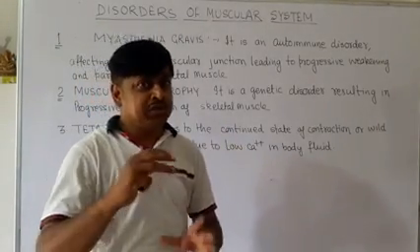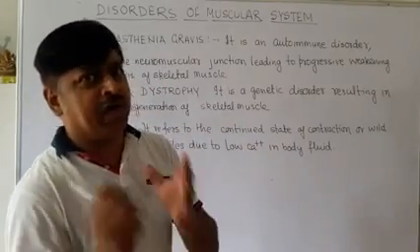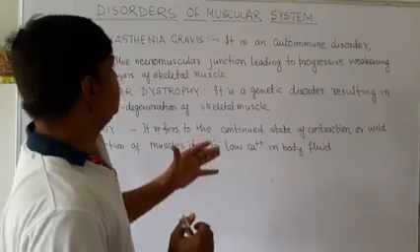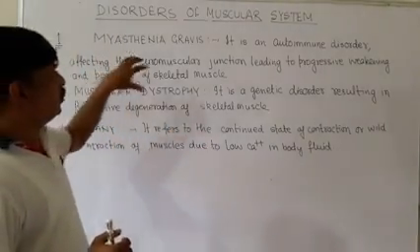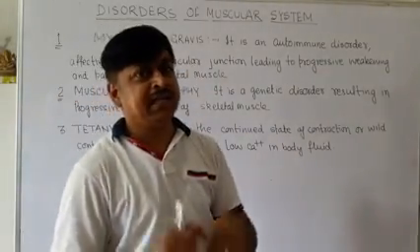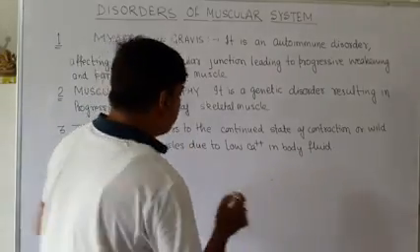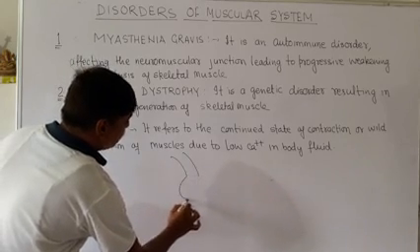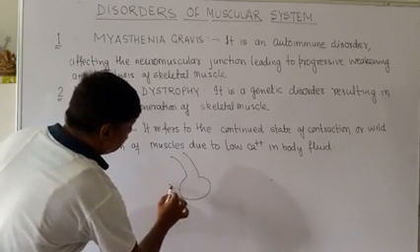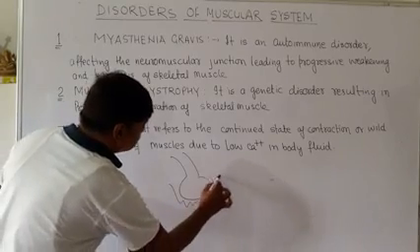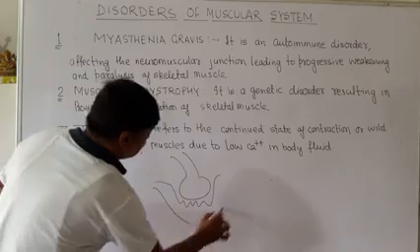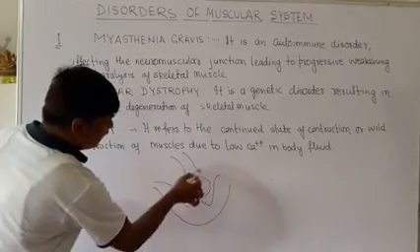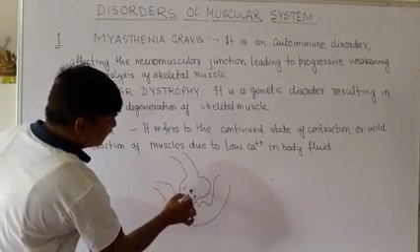Due to disturbed metabolic activity, the neuromuscular junction is badly affected. I have already taught you that it is the point where the nerve ending joins with the muscles. So this area is badly affected.